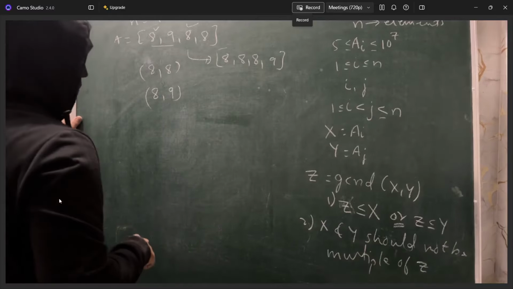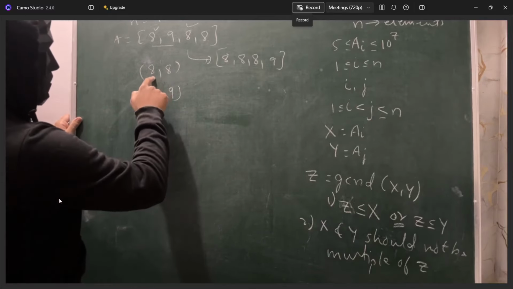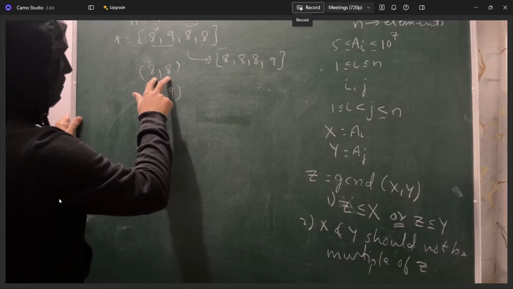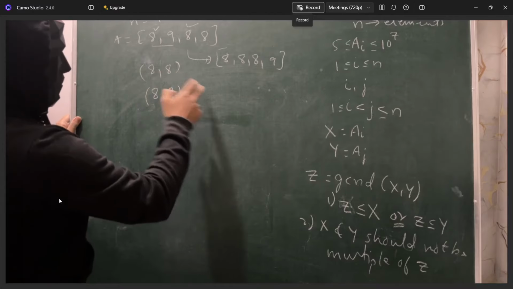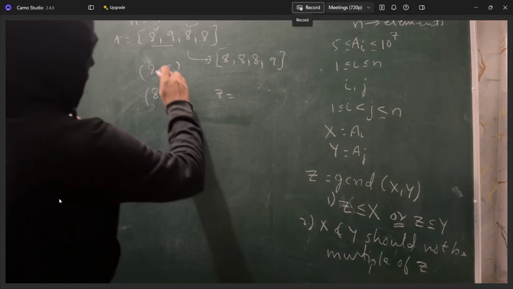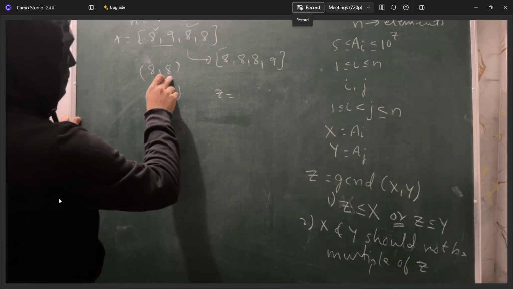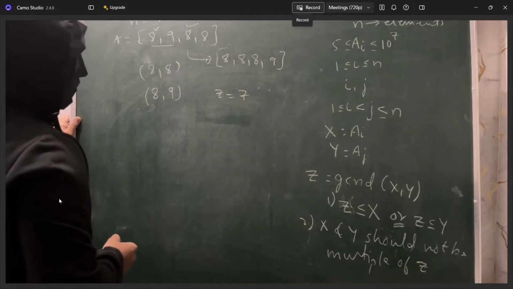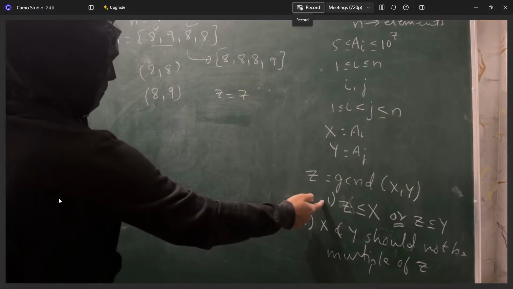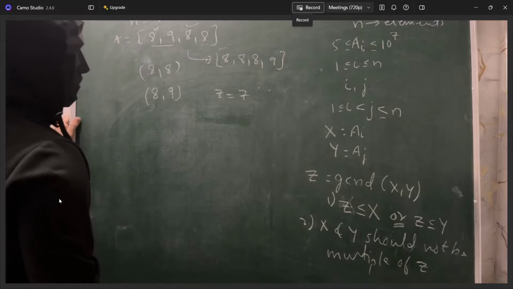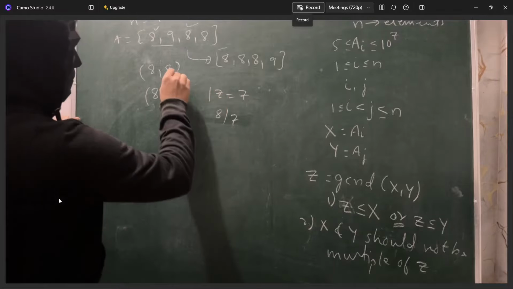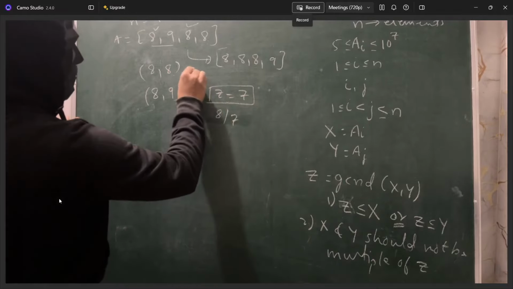So if you find, as you saw in the previous example, these two elements are the same. When these two elements are the same, z equal to this you can't take, more than this you can't take, but lesser than that you can take. If you try to take 7, the first condition will hold good, and the second condition will also hold good, because 8 by 7 is not perfectly divisible, right? So for this case your answer is 7.